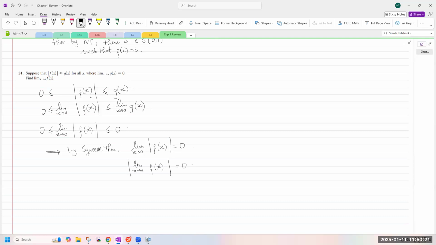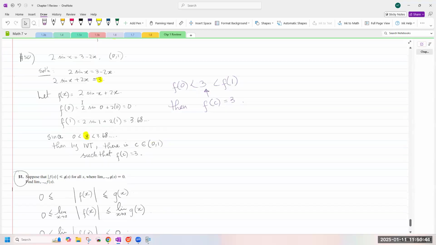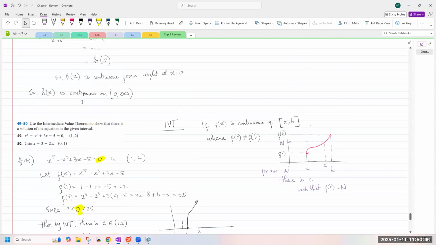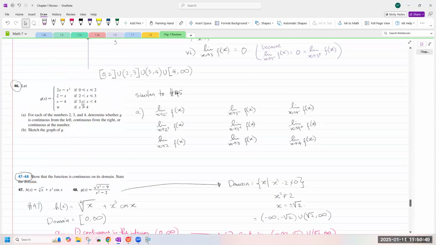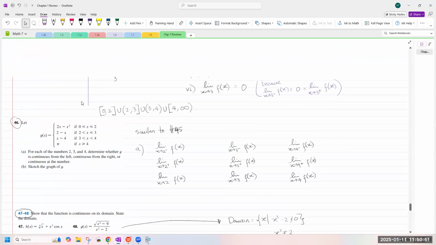But if absolute value of blah equals 0, then the blah must be 0, right? So from there, limit as x approaches a of f(x) equals 0. Therefore, we have proven it. This is also the proving type. This is a more abstract squeeze theorem.